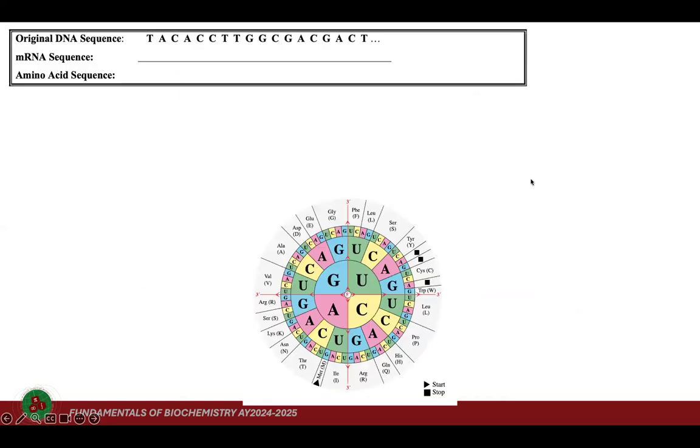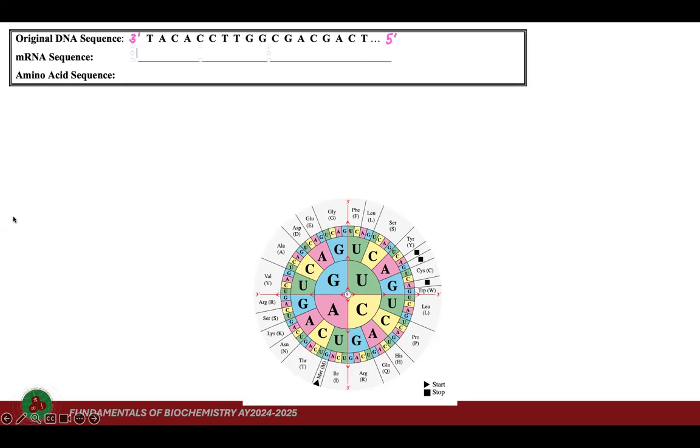So now we will be practicing translation, but this time in the context of DNA damage or DNA mutation. We are given the original DNA sequence here, and this will be our template strand. Although it's not written, we will assign the left side of this strand as the 3' and the right side as the 5'. We will be looking at the mRNA sequence, which should start from the 5'.